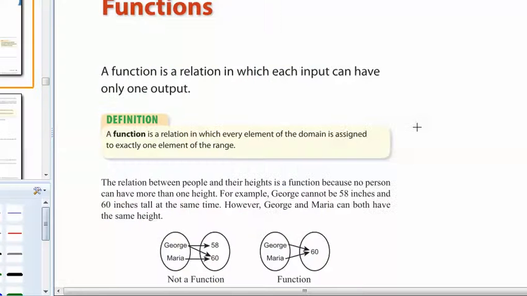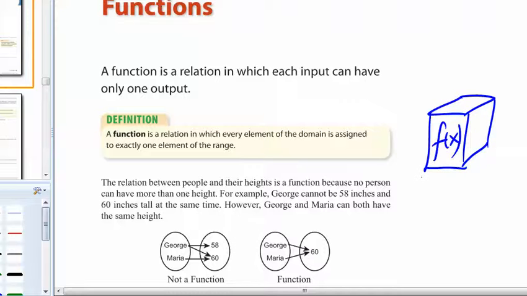imagine that you have your function, and your function is like a box. This is my f of x. Whatever you put inside this box, and usually we have the x for it, and obviously for this case, x will make your inputs, right?